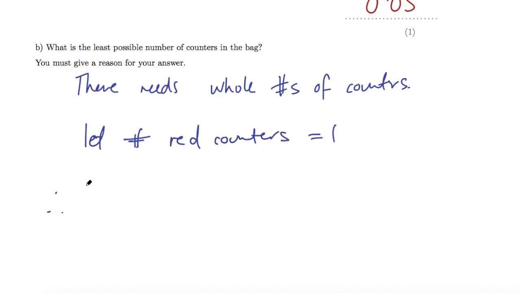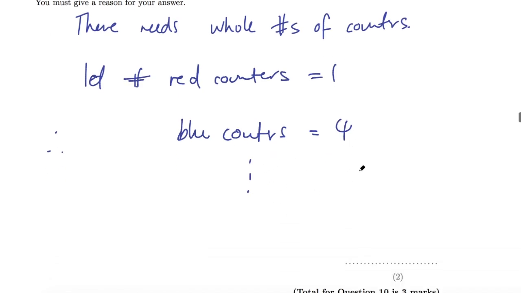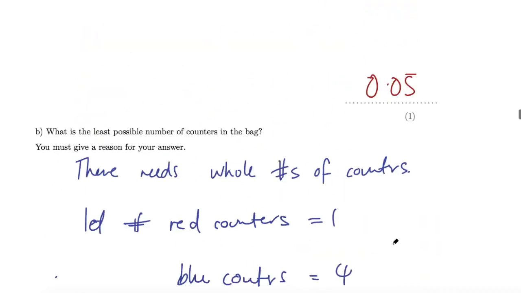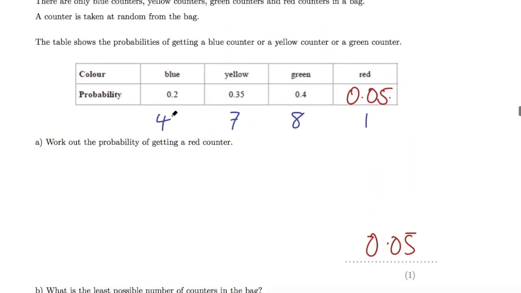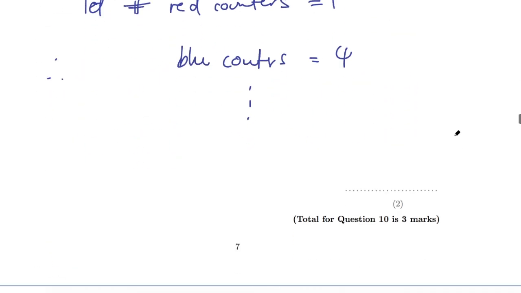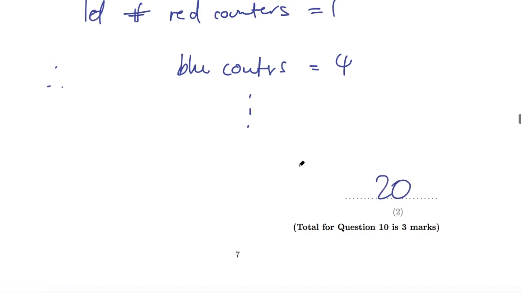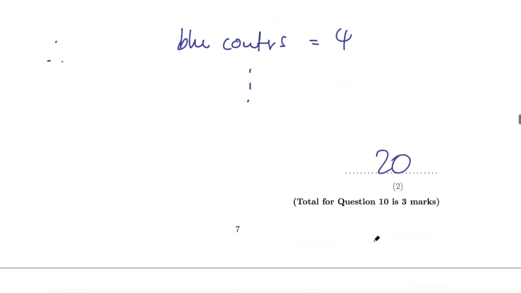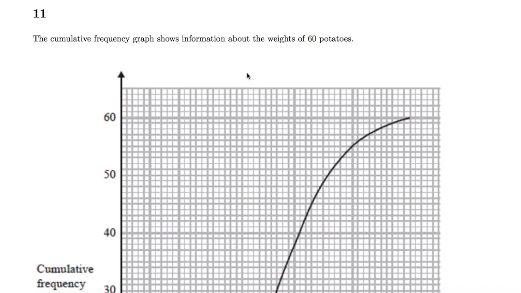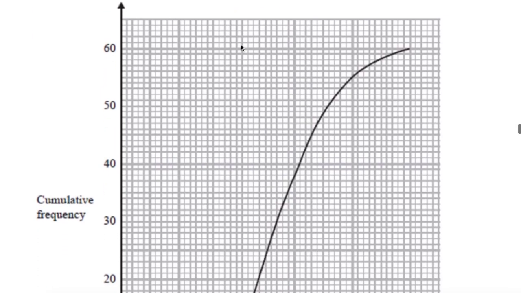So therefore, based on the probabilities, blue counters must equal 4, and you could finish explaining that. And then we need to add all of those together. So we've got 1 red counter, 4 blue, 7 yellow, 8 green, and we've got 20 counters in total for 2 marks. Question 11 says the cumulative frequency graph shows the information about the weights of 60 potatoes.